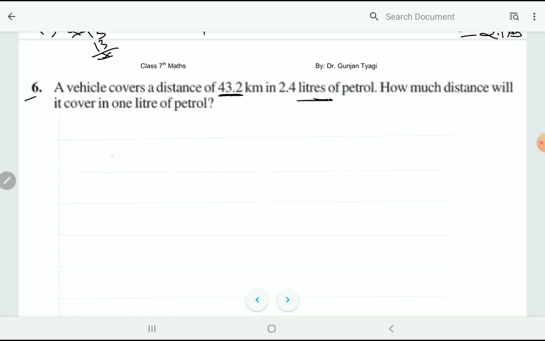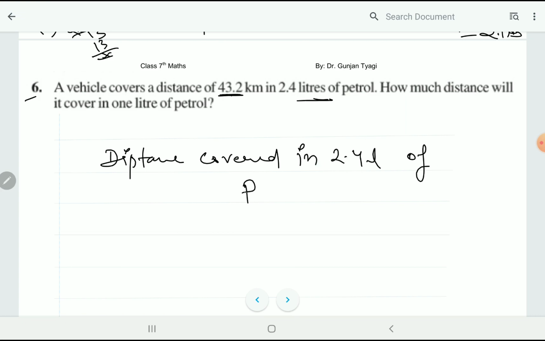So distance covered in 2.4 liter of petrol is equal to 43.2 kilometer. How much distance will it cover in 1 liter of petrol?